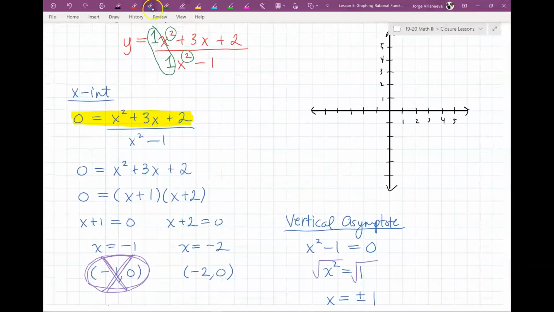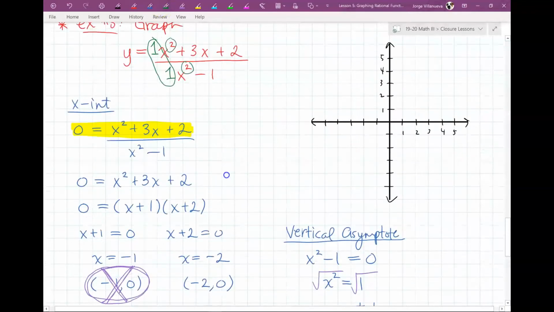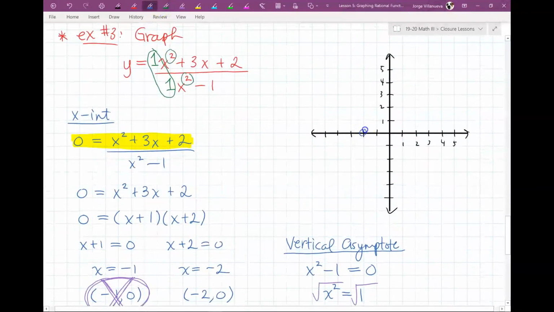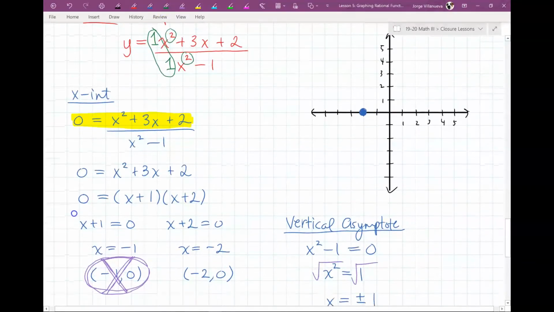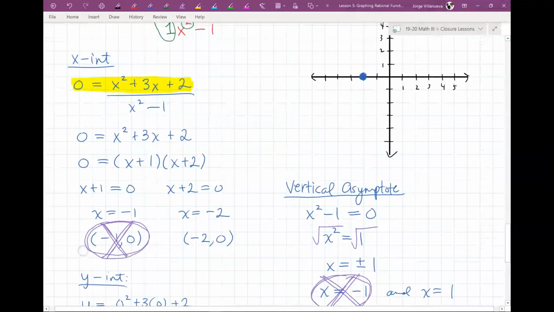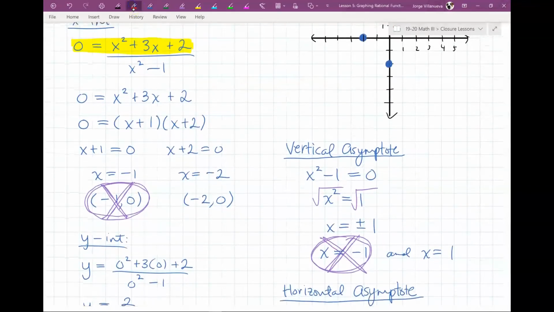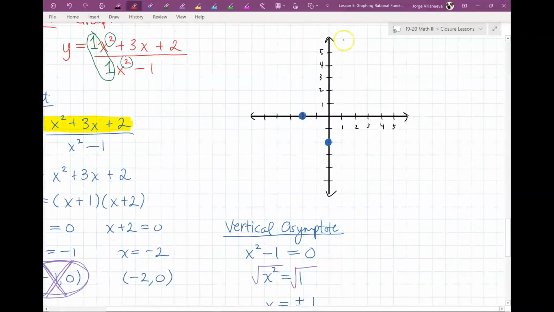Well, here we go. We are going to draw (-2, 0). So (-2, 0) is right here. And then I'm going to draw my y-intercept (0, -2). So (0, -2) is right here. And then I'm going to draw my vertical asymptote x equals 1. So x equals 1 is right here.